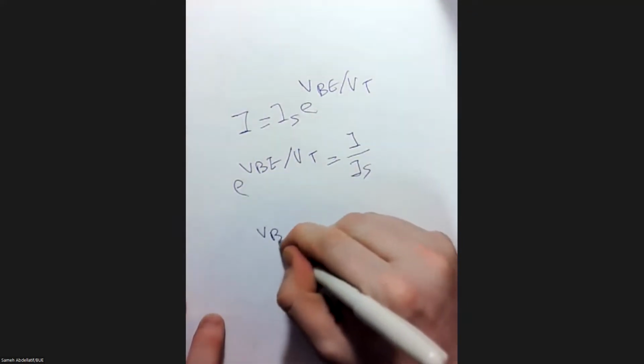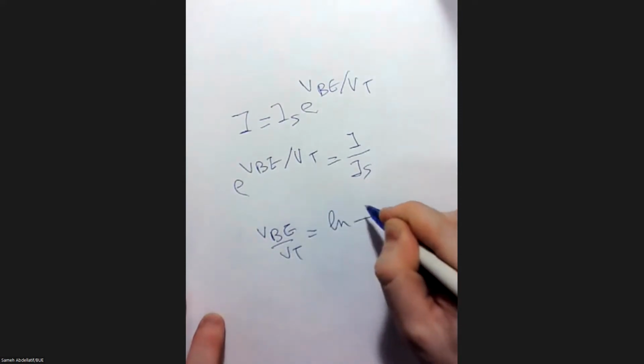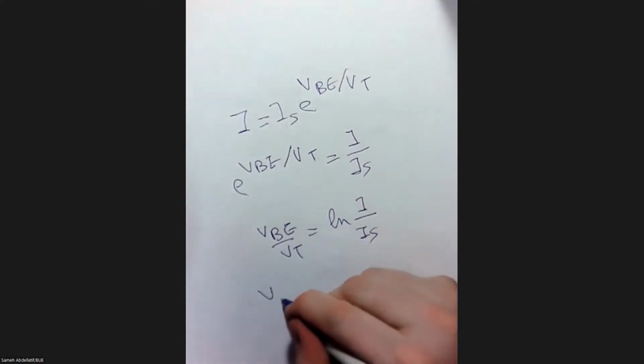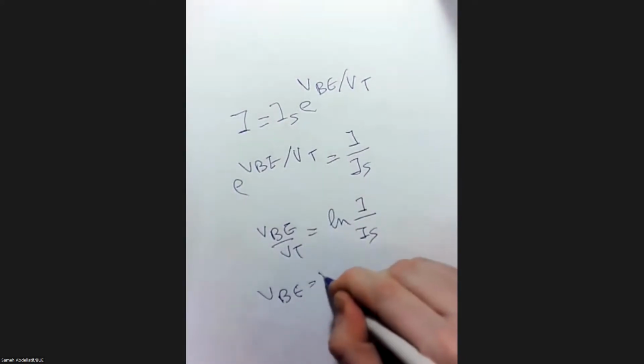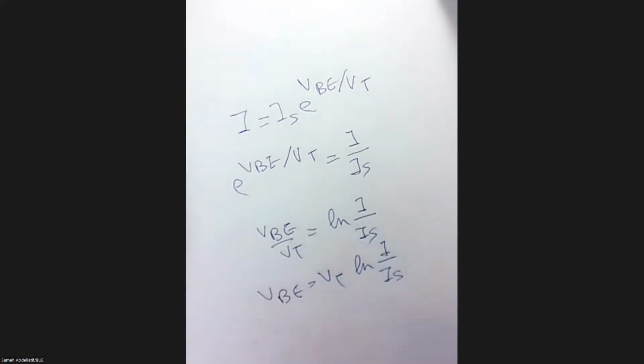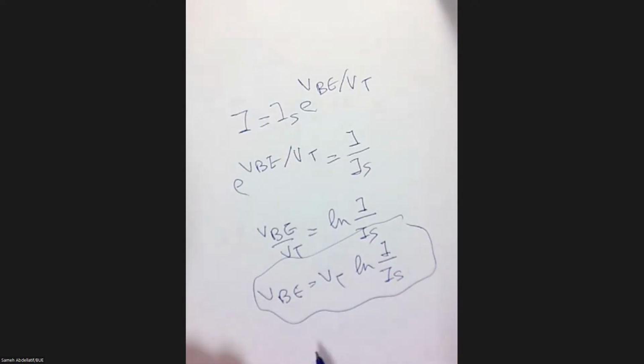So VBE over VT equals ln I over IS, or finally, the final equation is VBE equals VT ln I over IS. So you can just directly use this equation to link between VBE, or the voltage applied on the transistor, or between the base and emitter of the diode, and the current flowing in the diode.